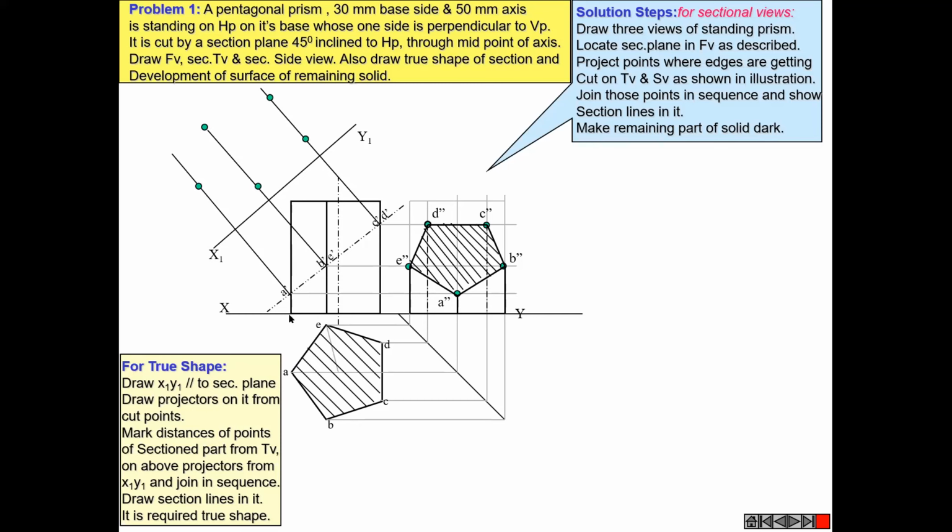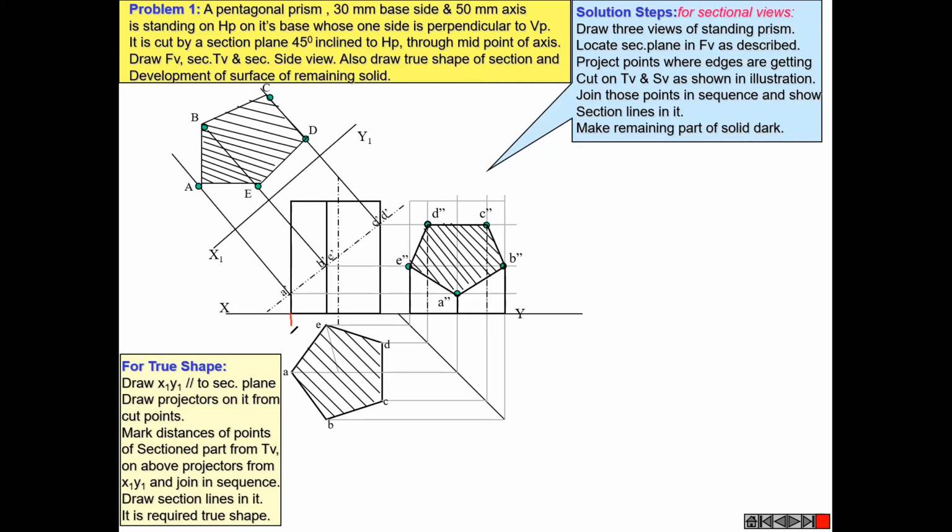So you have to plot the same points from here to here. Whatever the distance is there, the same distance you need to keep over here. So now this is the true shape of the section.